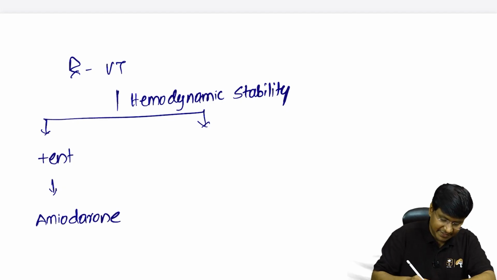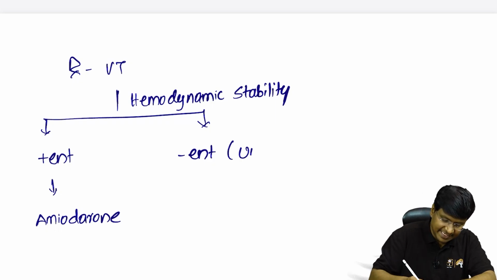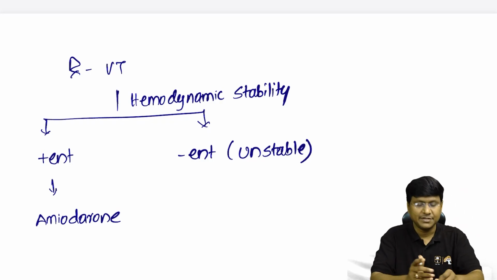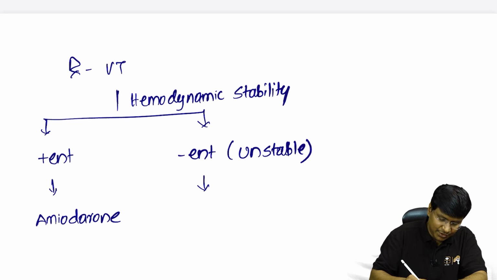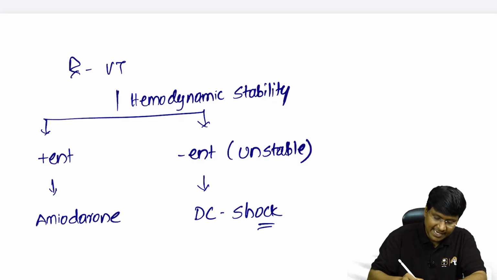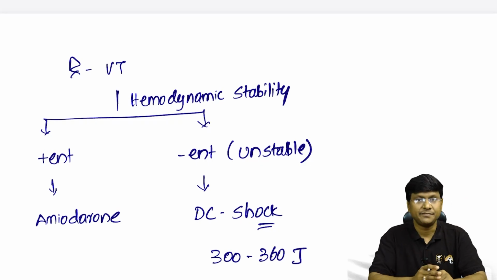If hemodynamic stability is absent, that means the individual is hemodynamically unstable, then you need to give DC shock. And what is the strength of the DC shock? That should be around 300 to 360 joules in case of VT.